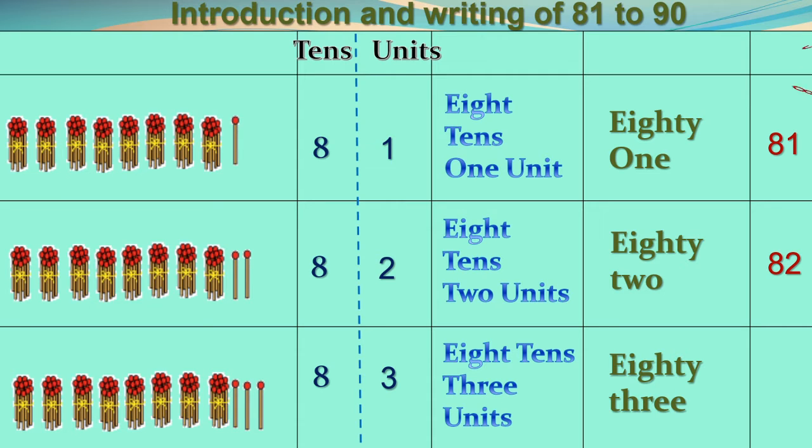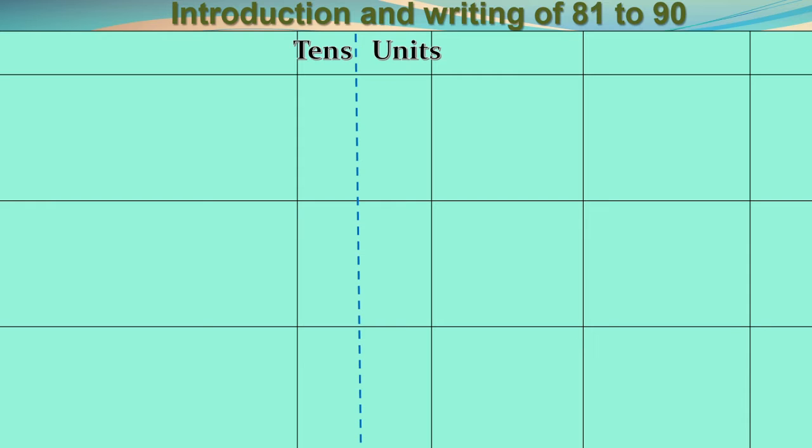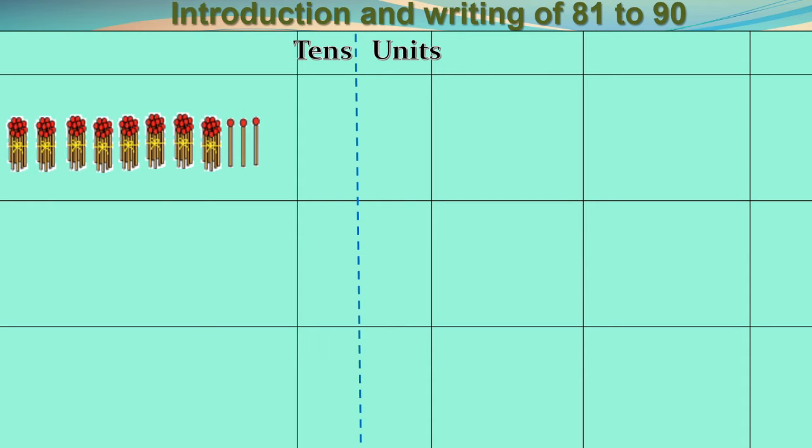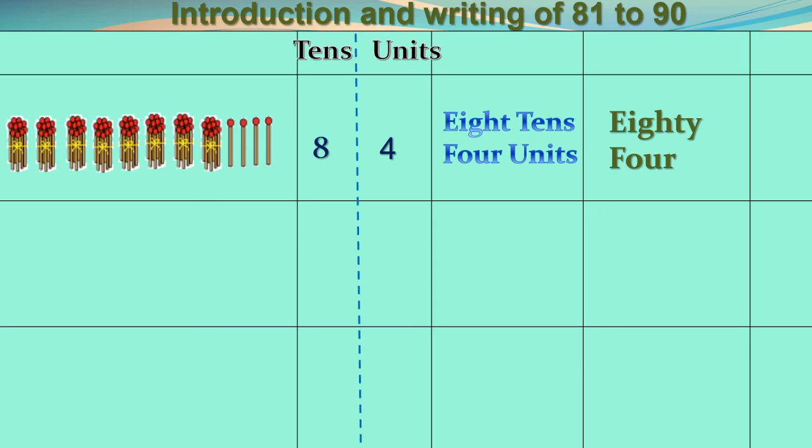And in numerals 80 and 3 makes 83. We'll proceed. Now here 83 matchsticks are there. Now we are going to add one more matchstick. So here 8 tens and 4 units we got, right? 8 tens, 4 units, that makes 84.